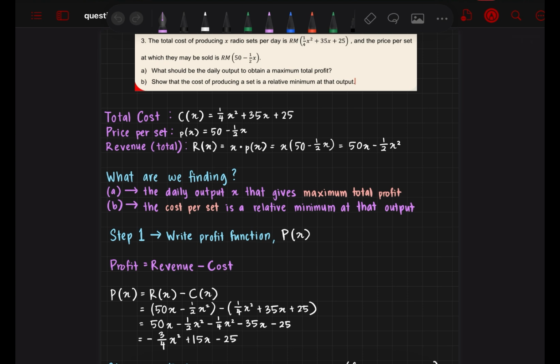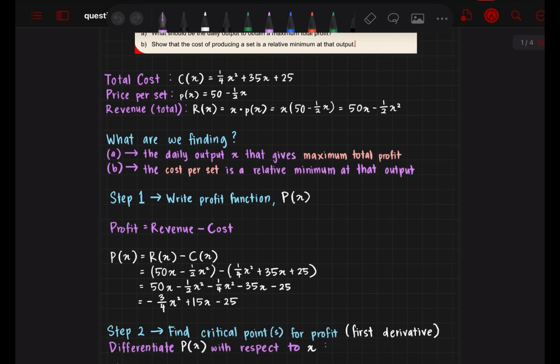We put the sets as x and the price as p(x), so x times p(x) equals 50x minus 1 over 2 x squared. So what are we finding? For question A, we are finding the daily output x that gives maximum total profit, and for question B, that the cost per set is a relative minimum at that output.